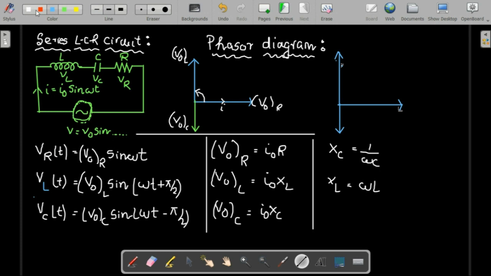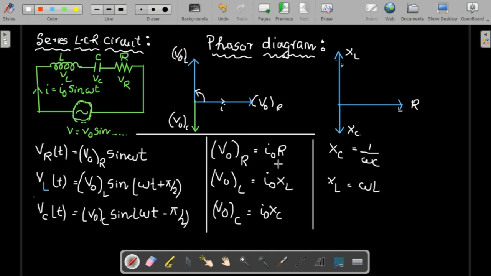If you're talking about the reactance, the resistance will be along this, the inductive reactance will be along this, and the capacitive reactance will be along this, right? We can simply use this relation.